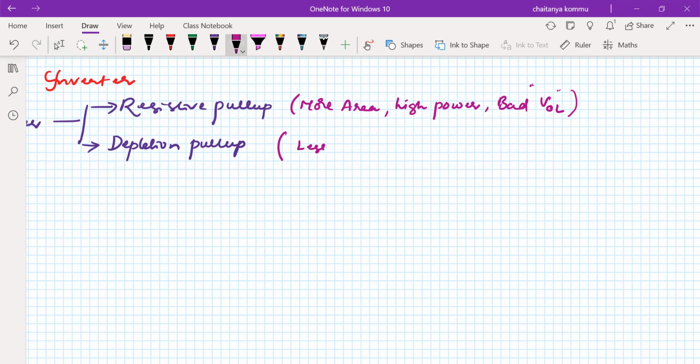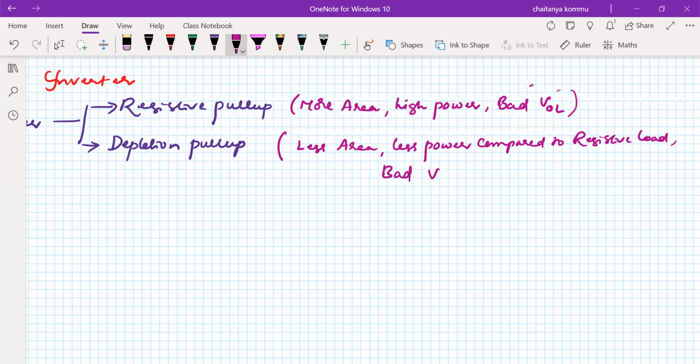With less area, there is no problem there, but the power consumption compared to the resistive load is less. But we are not able to solve the problem called VOL.